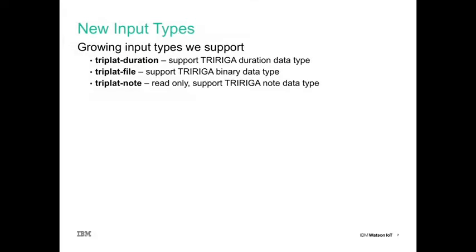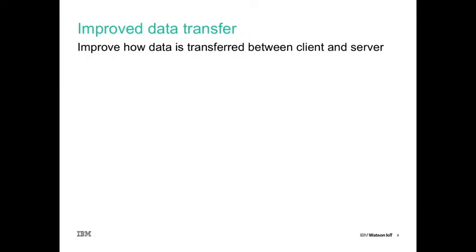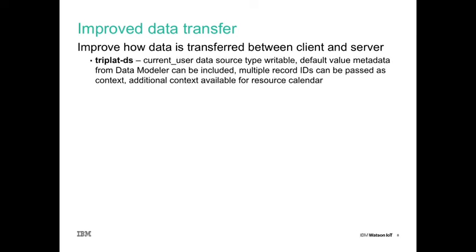Okay, so let's continue working through the list of new enhancements that we made for this release. Next up is how we improved the data transfer between the client and the server. So first off, one of our main components is TriPlat DS, and the current user data source type is now writable.